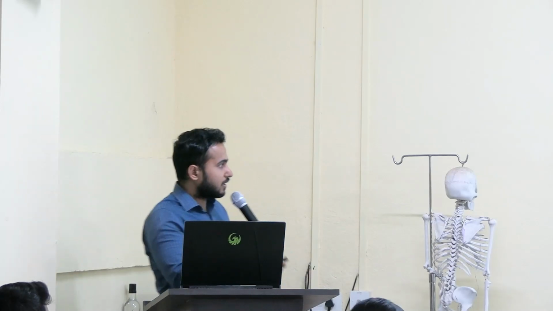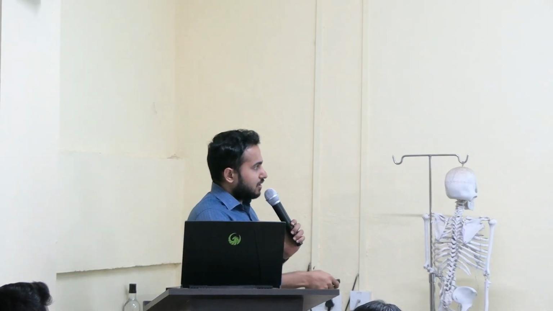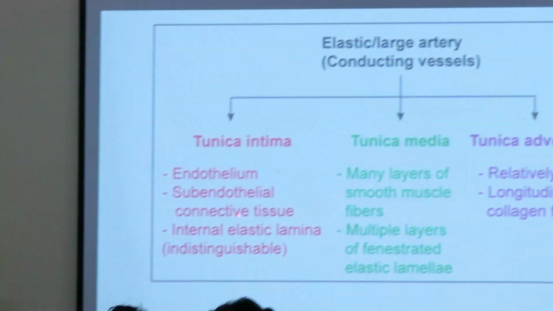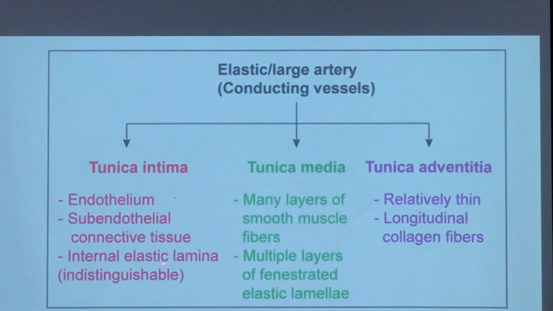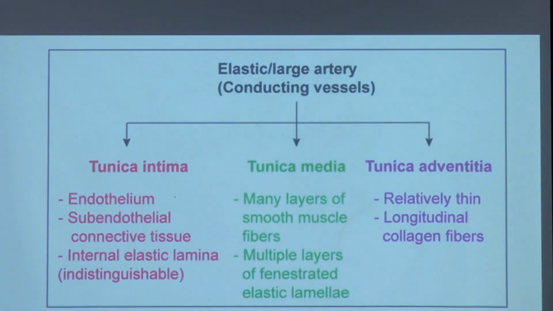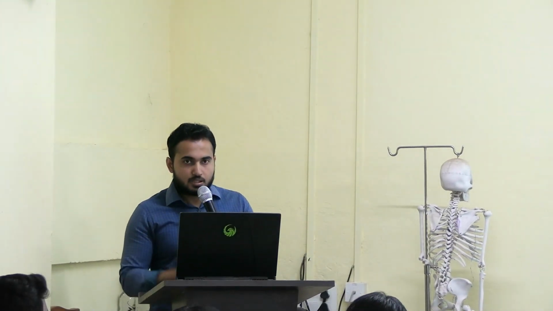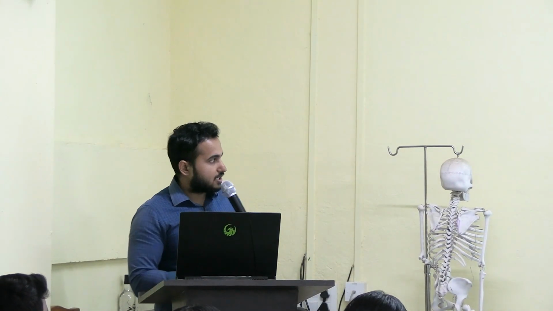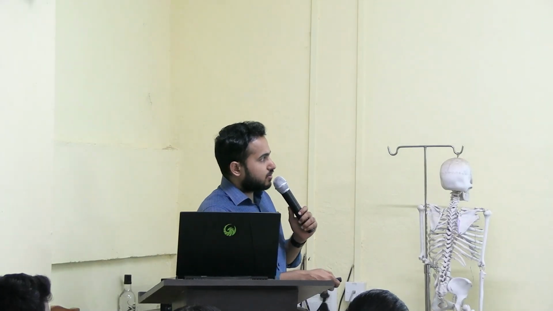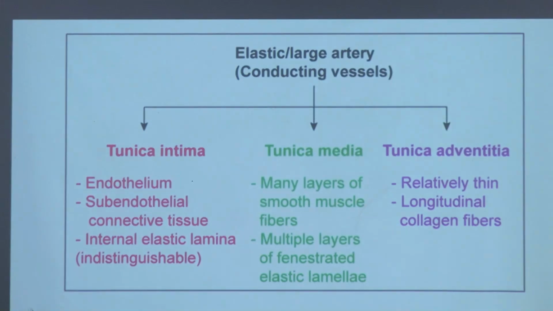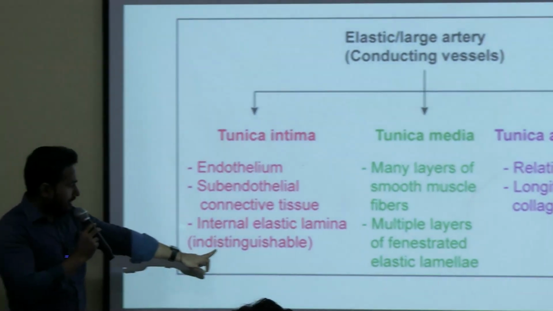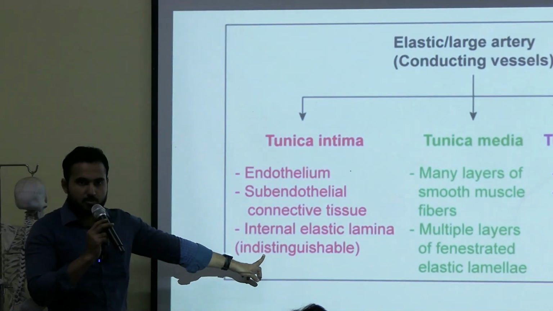Okay, so endothelium is there, just below the endothelium subendothelial connective tissue is present, and then internal elastic lamina is present. Here the internal elastic lamina, as I said, is made up of sheets of elastic fibers. Next, in tunica media, you have to notice one thing: the internal elastic lamina is not prominent, indistinguishable.